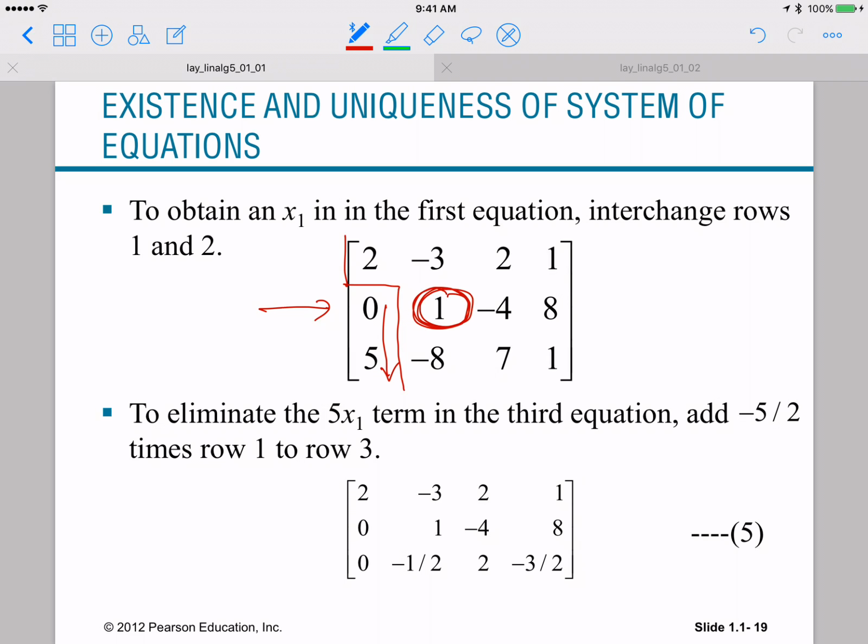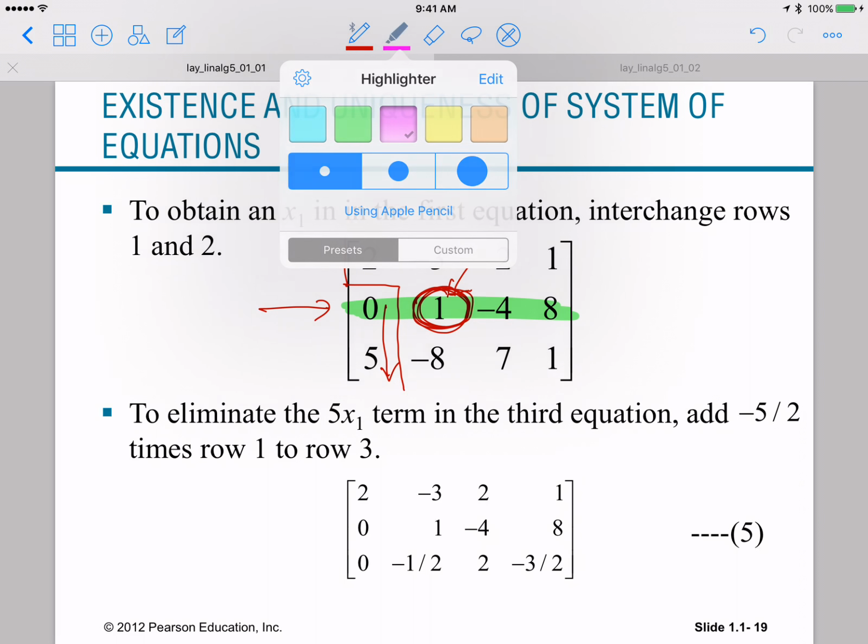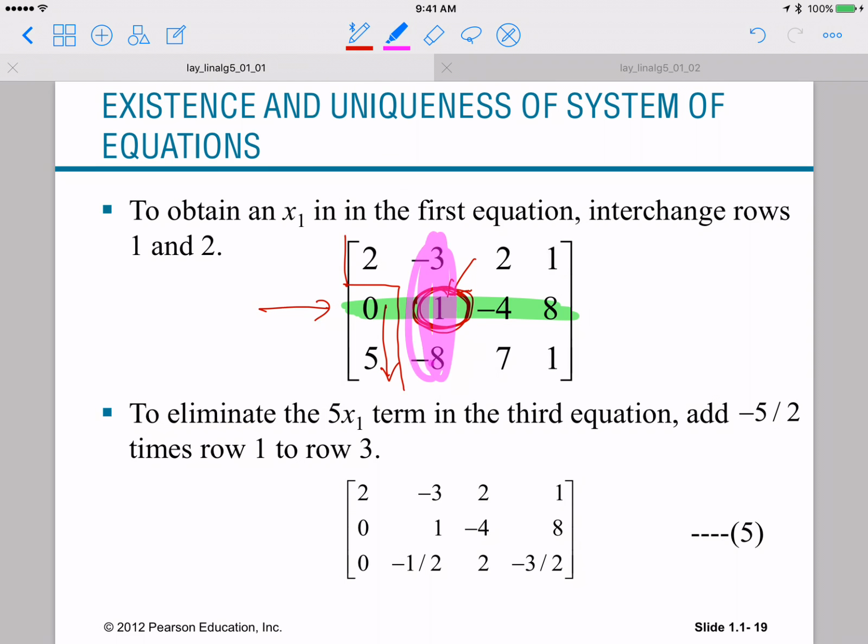And then we look at the bottom of this entry. Although we obtained this leading entry from this row, once we found that leading entry, we now look at its column, this vertical line. We look at the bottom part and see if there are any non-zero values below that leading entry.